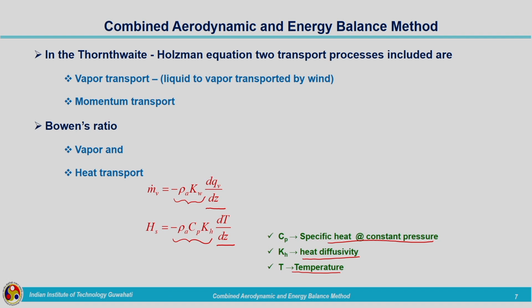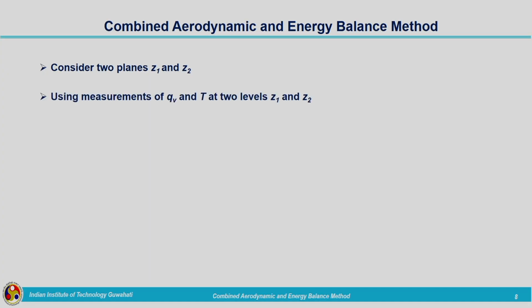Now, these two processes are proportional to each other, since both take place due to the same transport process, convection. So the sensible heat flux and the vapor flux can be taken as proportional to each other. That is what we are going to do in the next step. Since we are taking gradients between two planes, we consider one near the water surface and another just above it, Z1 and Z2.